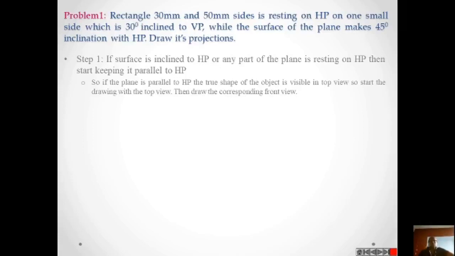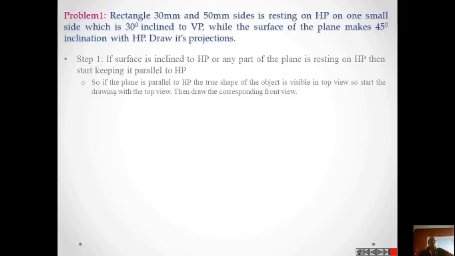In this question, it is resting on HP as well as the surface is making an angle of 45 degrees with HP. So in such cases, what is the first step? The first step is to keep the plane parallel to HP and then start drawing the question.